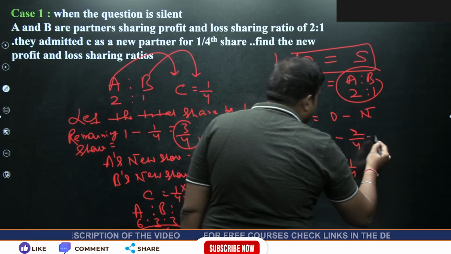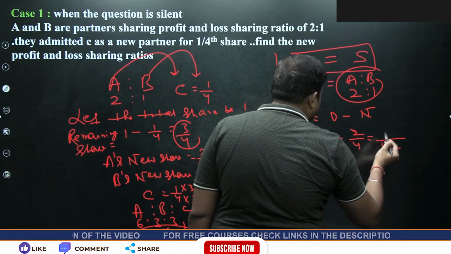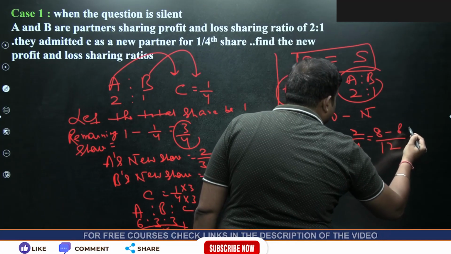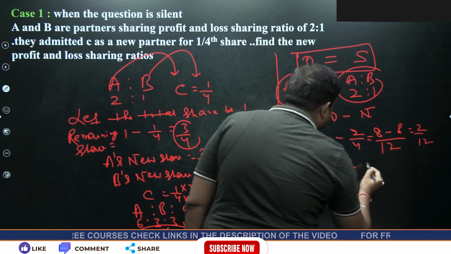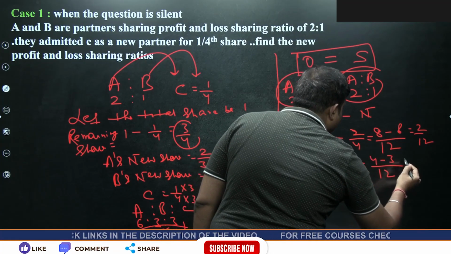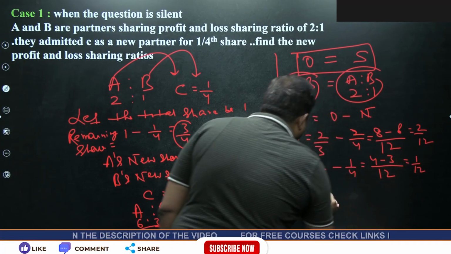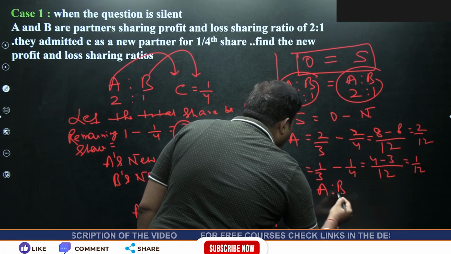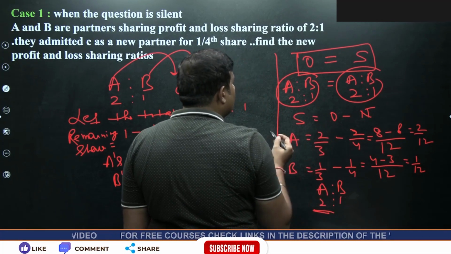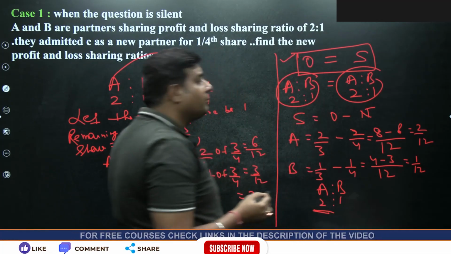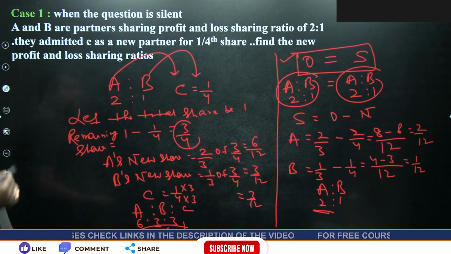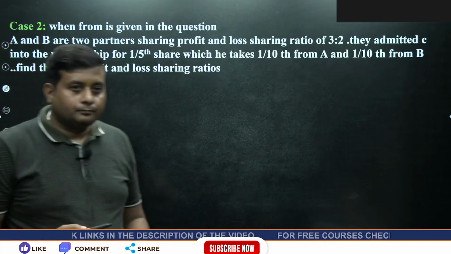If you simplify this, it should be 2 by 12. If you simplify again, you can easily notice that while calculating the sacrificing ratio, this is also 2:1. So we can say whenever the question is silent, the old share becomes your sacrificing share. I hope you understand. Now moving to the next case.